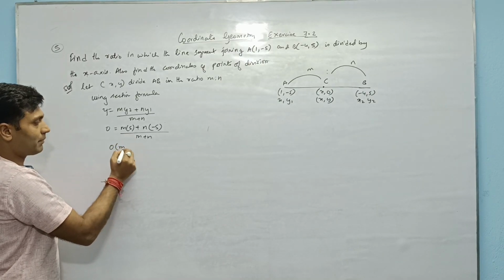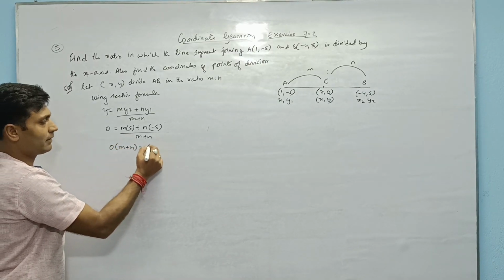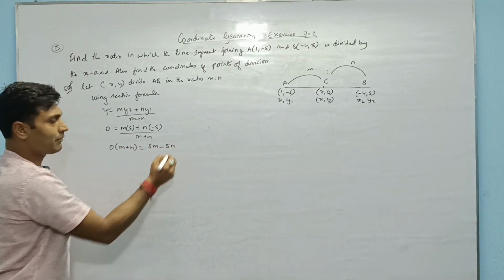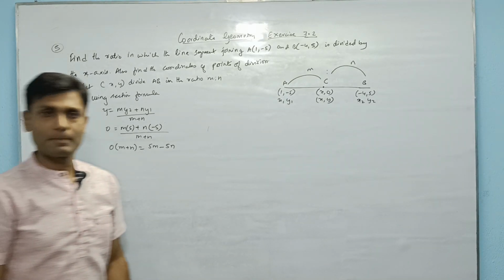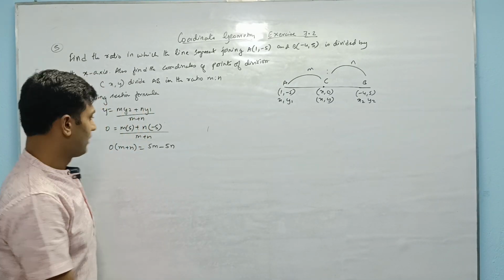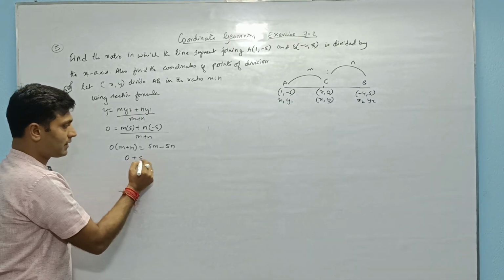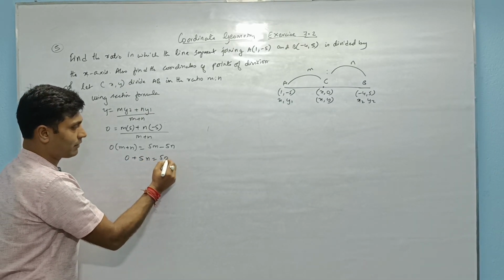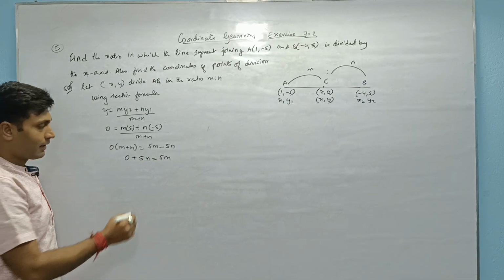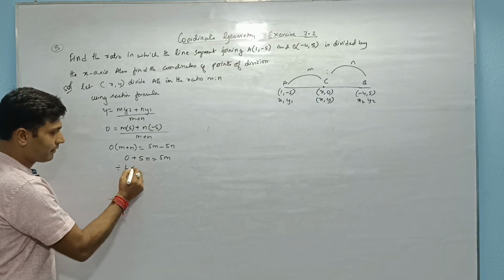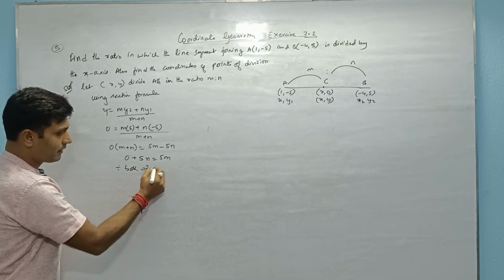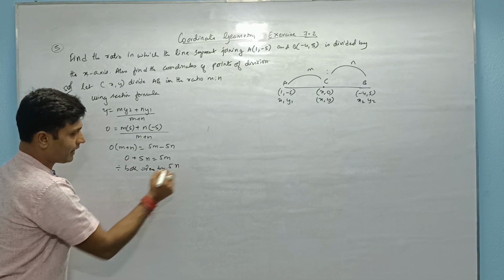So 0 multiplied by (m + n) is 5m - 5n. Any doubt here? So 0 multiplied by anything is 0. Plus, this is 5n is equal to 5m. I can divide both sides by 5n.